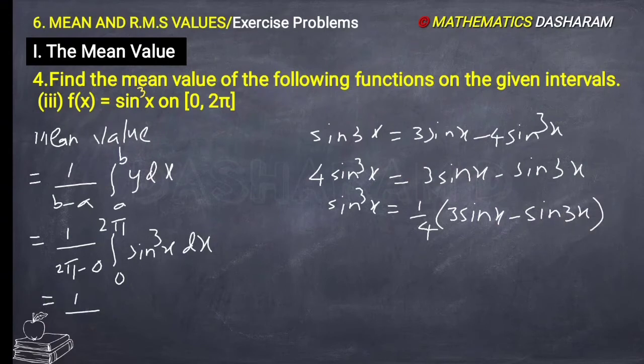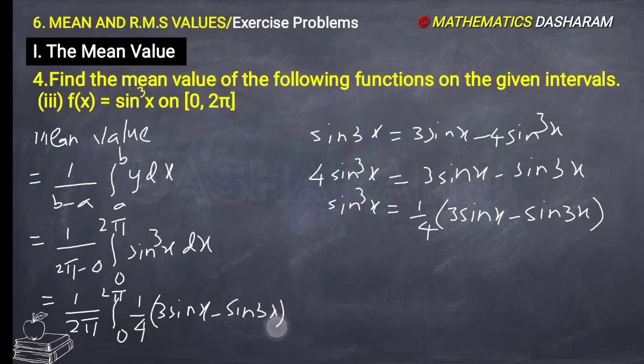So 1 by 2 pi minus 0 is 2 pi, integration 0 to 2 pi, sine cube x is 1 by 4 bracket of 3 sin x minus sine 3x dx.